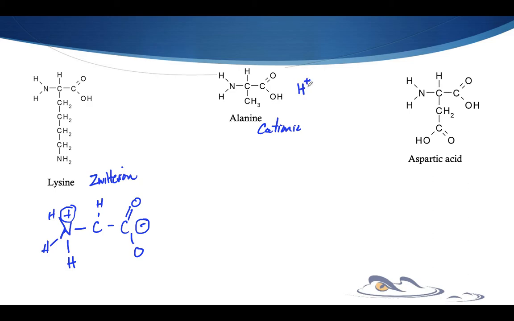I attach this positive of an acidic condition to that word cation, which means a positive charge. So if I'm making a cationic form of something, I recognize, hey, that's a positive charge. This is something that would be formed in an acidic condition.